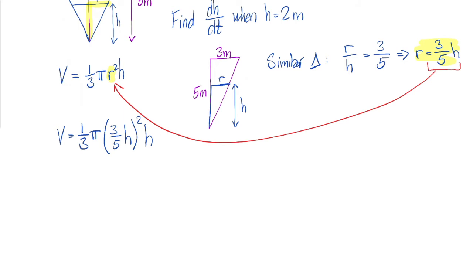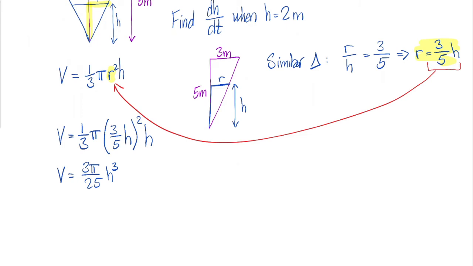And we can rewrite this or clean it up a bit and write it as 3 pi over 25 times h cubed. So that's our expression for the volume, expressed as a function only of h.